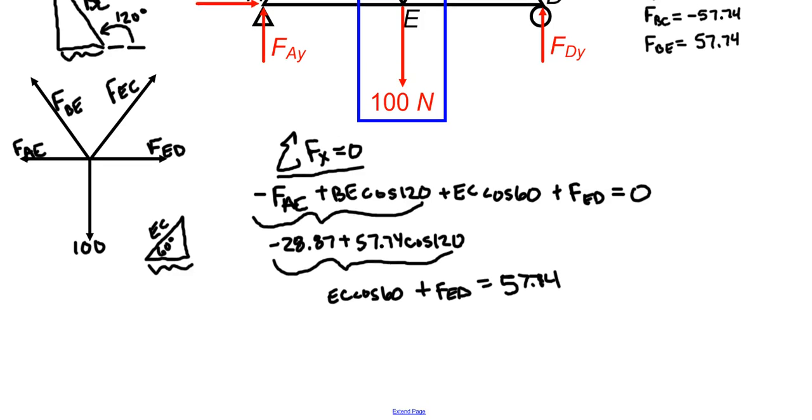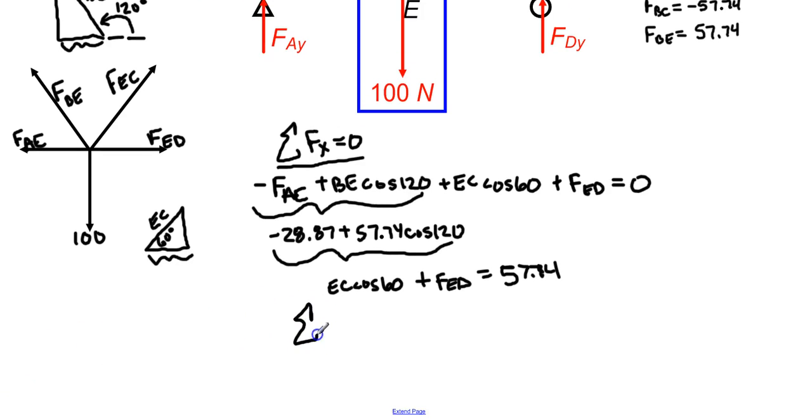Again, two unknowns, so let's go ahead and do the sum of our forces in the y direction. We should be able to get an explicit answer for one of the forces, and then we can plug back in.